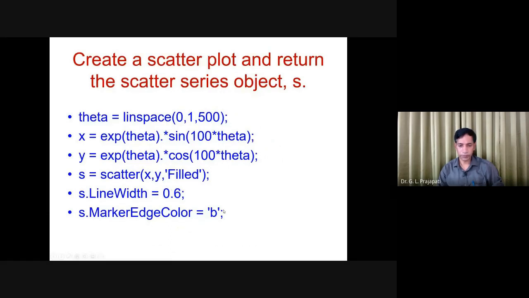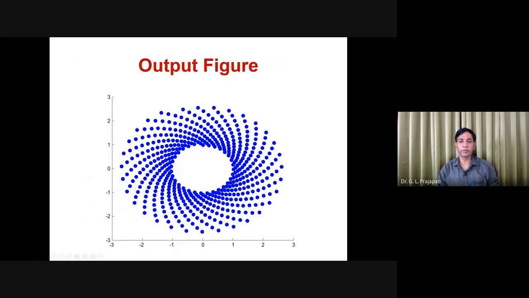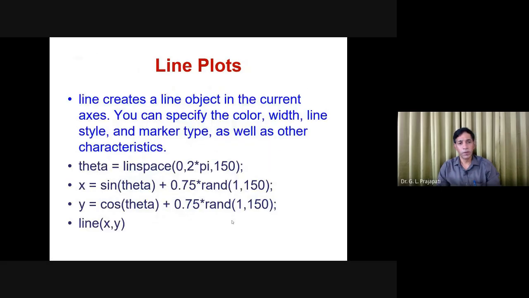So actually it is blue, and it is also filled with blue. So that's why you are not seeing the edge, because the edge is also blue, and the fill is also blue by default. So that's why you are not observing the edge color. This is the different plot, which is the line plot.